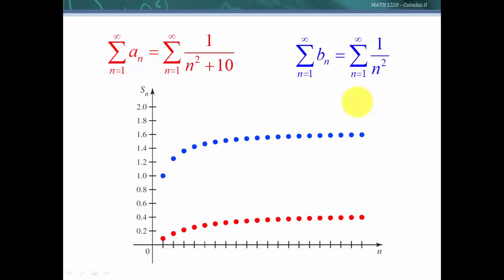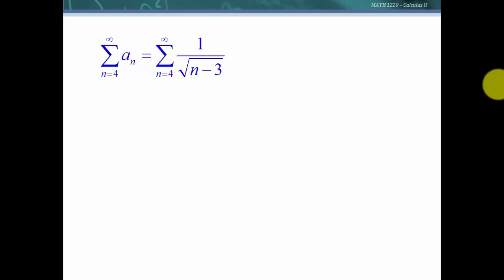Those terms are always greater than the terms in 1 over n squared plus 10, because we know that if you have the denominator become larger, the fraction becomes smaller. And so by the comparison test, we would know that since this is a convergent p-series, this is also convergent.